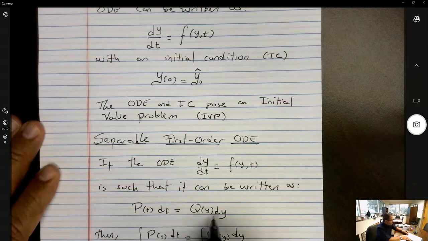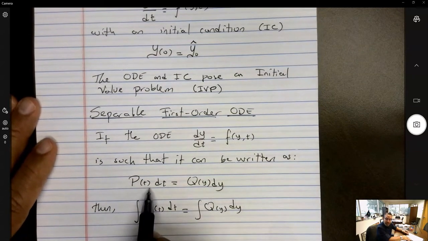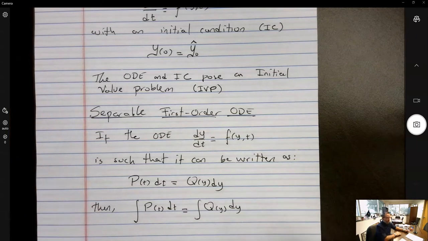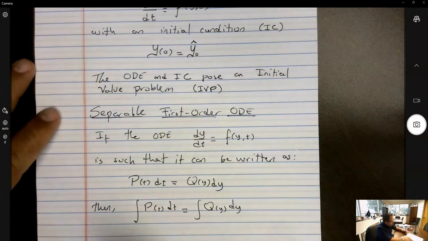So obviously, if this function can be written like this, then if p of t dt is equal to q of y dy, then the integral of p of t dt is equal to the integral of q of y dy. There's no question about that.